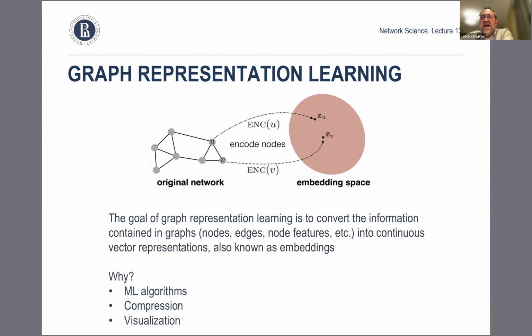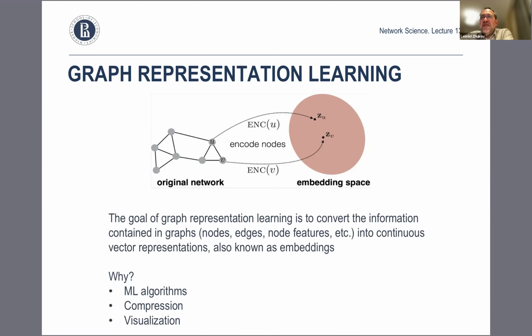But if you can find a way to represent graph nodes as vectors in some space, vectors that contain all the information about the graph that is out there, then you can just use those vectors within standard supervised learning, or unsupervised learning, and you can easily do clustering, or classification, node classification, etc. So that's reason number one.